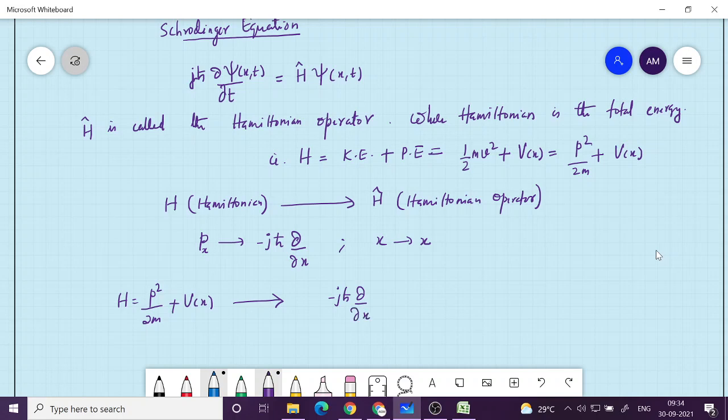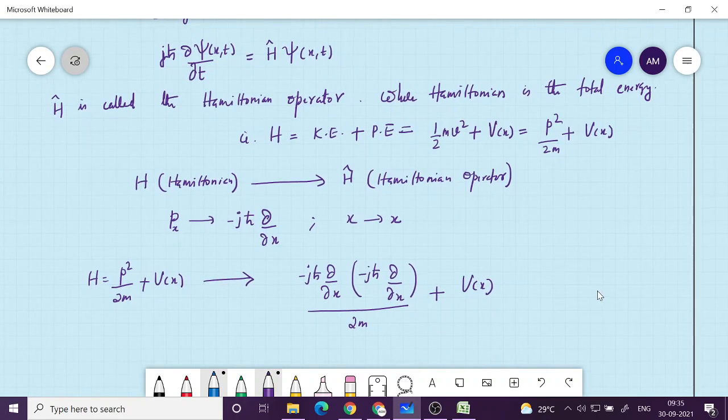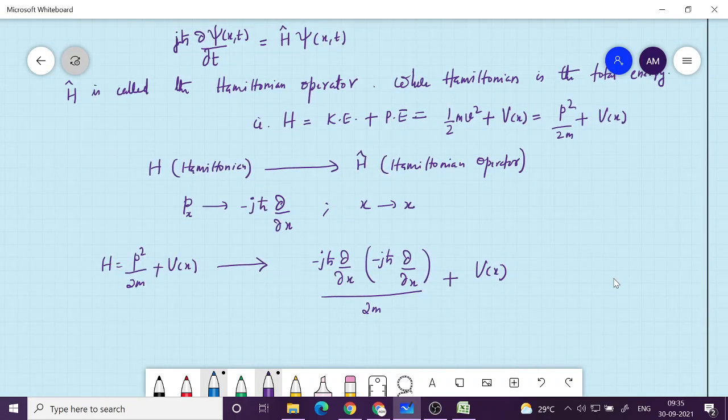So that is one p. So we need p square. So then again minus j h bar ∂/∂x, and then the whole thing is divided by 2m plus, since x will remain as x, we will have V of x. So if you simplify, minus into minus will become plus, but j into j become minus, and so that will be minus h bar square by 2m, and ∂/∂x of ∂/∂x is ∂²/∂x² plus V of x.